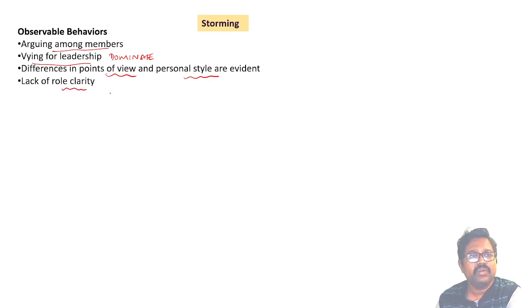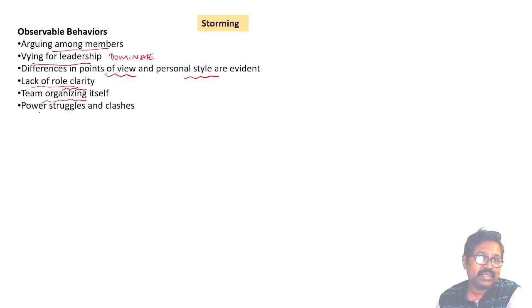They will not know what they have to do as individuals, what their individual roles and responsibilities are, and they'll also lack clarity about their role in the team and team organization.